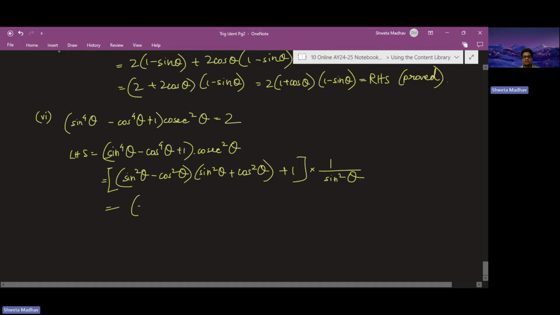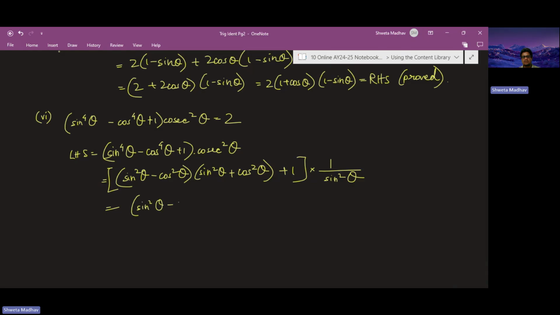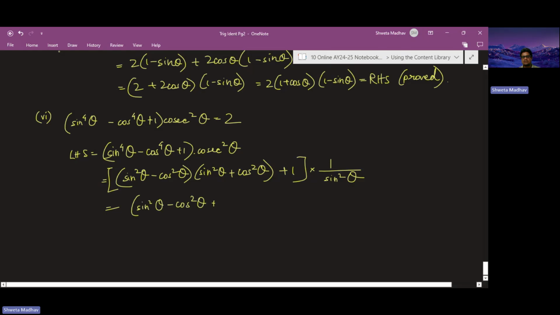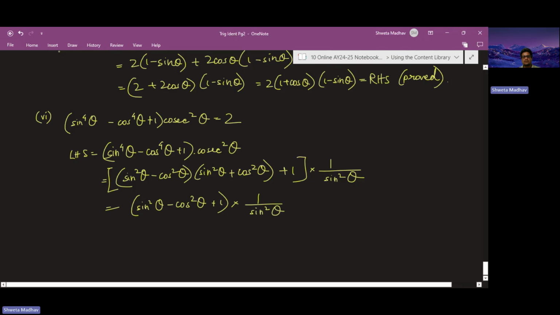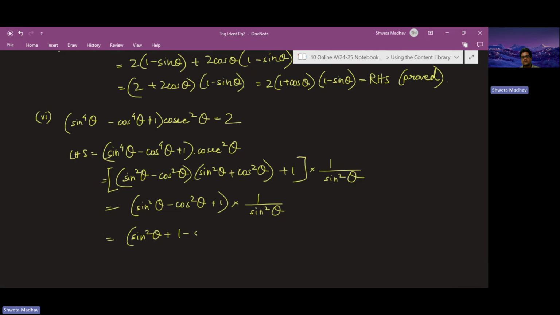So this is actually sin square theta minus cos square theta plus 1, into 1 by sin square theta. Now this is actually sin square theta plus 1 minus cos square theta, into 1 by sin square theta.